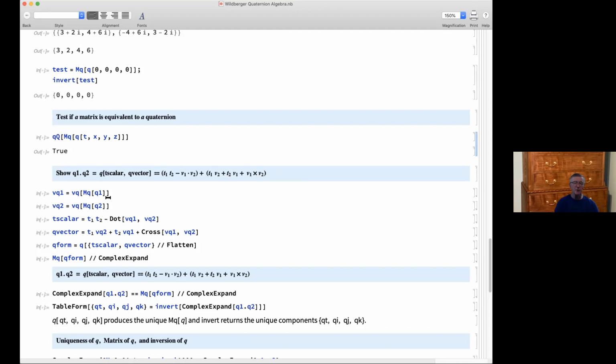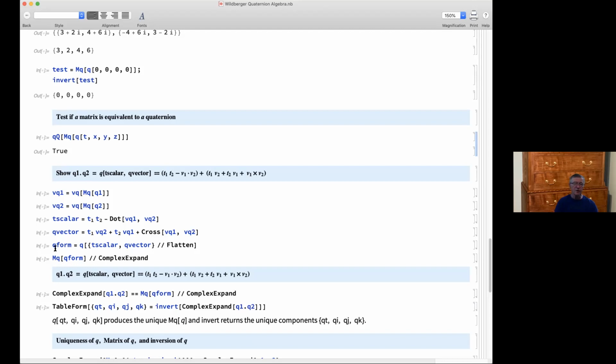And I show you here with Q1 being the Q with T1, X1, Y1, and Z1. I take the pure quaternion part, call that V of Q1, similarly V of Q2. I find the T scalar part as T1 T2 minus the dot product of those two pure quaternions. I take the vector part as T1 VQ2 plus T2 VQ1, plus the cross product of VQ1 and VQ2, cross being defined as a Mathematica function.